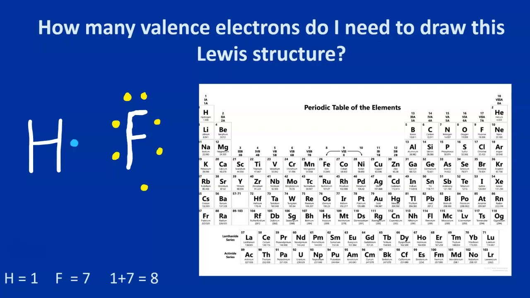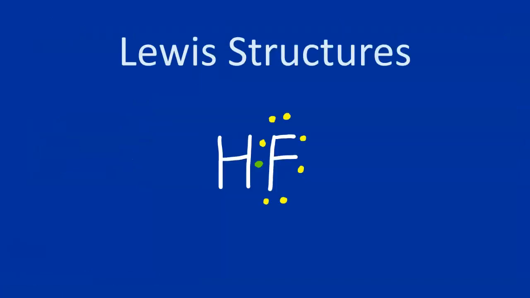So what we have here is 8 total valence electrons, which is exactly what we're looking for, but we are not done, because fluorine is so electronegative, it's going to pull that hydrogen over to it, and now they are sharing a pair of electrons, that's the yellow one at the top and the green one at the bottom.